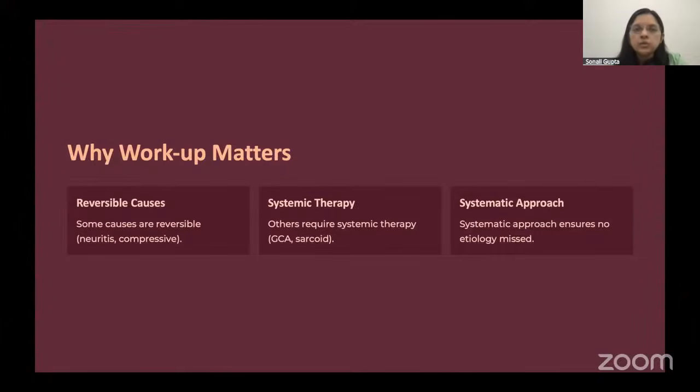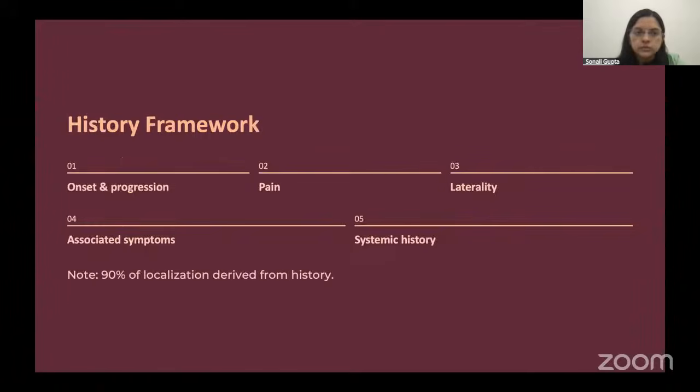Because many of these causes are reversible, like inflammatory and compressive, which if treated in time can result in reversal of the visual loss. Also, some require timely systemic therapy, like giant cell arteritis or other autoimmune conditions, sarcoidosis. And a systematic approach ensures that no etiology is missed and timely treatment is instituted.